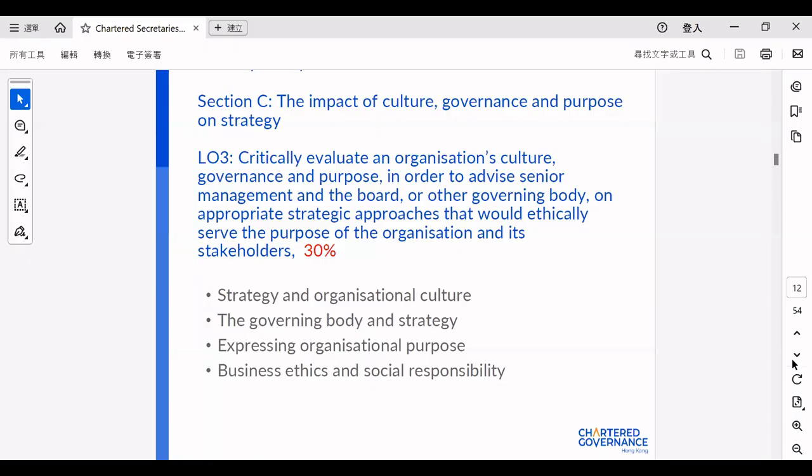As I mentioned, you can always see that there's a question on culture in your examination paper. And then you have leadership, governing bodies and strategies, the relationship between the governing body and strategies, and expressing the organizational purpose, business ethics, and social responsibility.